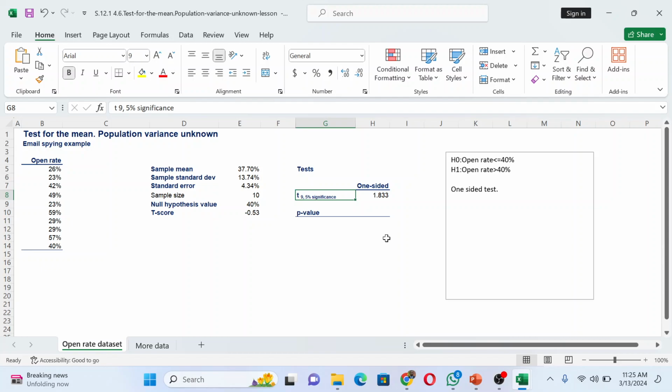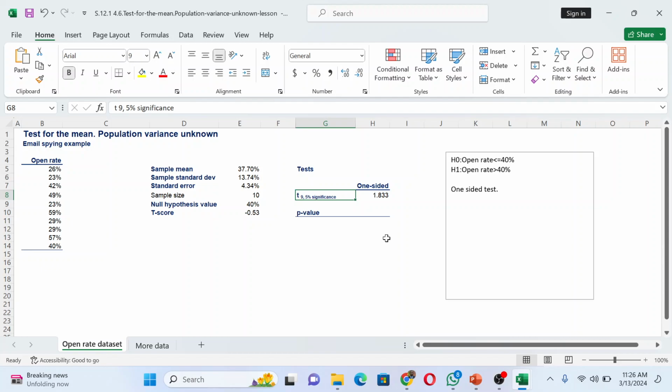You remember initially we used to divide by 2 because it was a two-sided test. It was equal to or not equal to. But here it is a one-sided test. Both of them were still at 95% confidence level, but now when you read from the table, if it is a two-sided test, you divide your alpha by 2. If it is a one-sided test, you carry the entire of it.